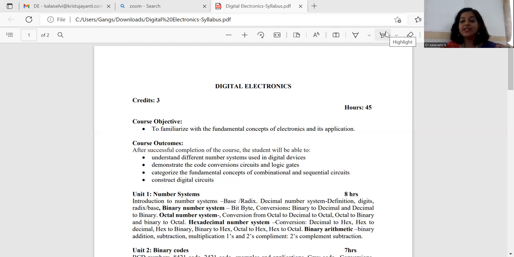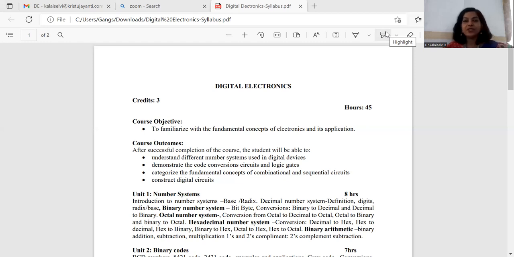Zeros and ones. In that also there are many codes. In school level we might have studied decimal number system, hexadecimal number system, like that. One code can be converted into another type of code using logic gates, so that also we will see. And the third one is that there are two basic types of digital circuits. One we call a combinational circuit, the other is called a sequential circuit.